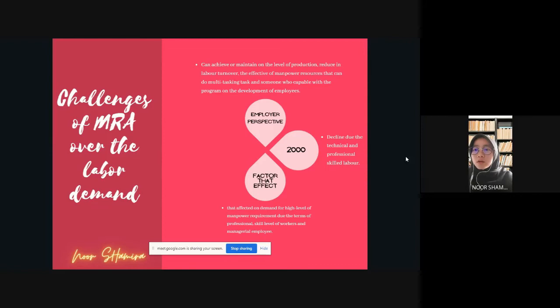Next, in 2000, the number of people employed in the manufacturing sector declined due to the lack of technical and professional skilled labor, even though various programs and activities have been done to improve the skill of manpower.